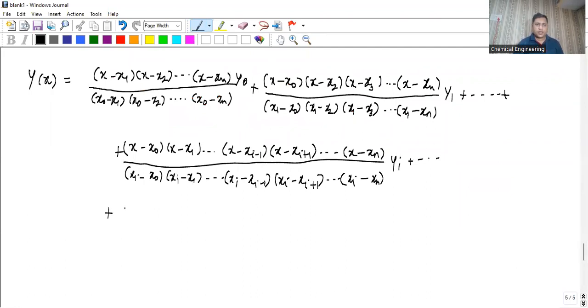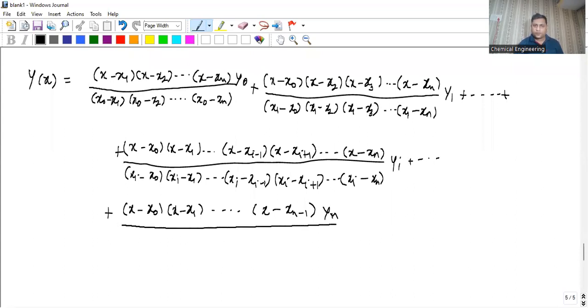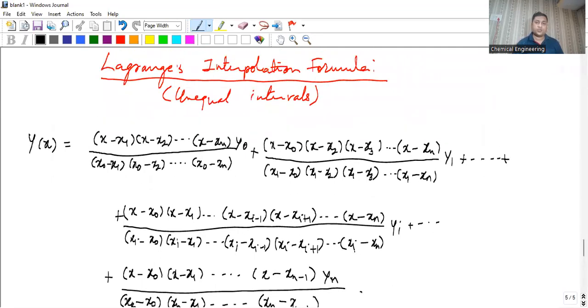The last term is (x minus x0)(x minus x1), and so on up to (x minus xn minus 1), times yn, because this is the nth term. In the denominator we have (xn minus x0)(xn minus x1), and so on up to (xn minus xn minus 1). So this is the Lagrange's formula.